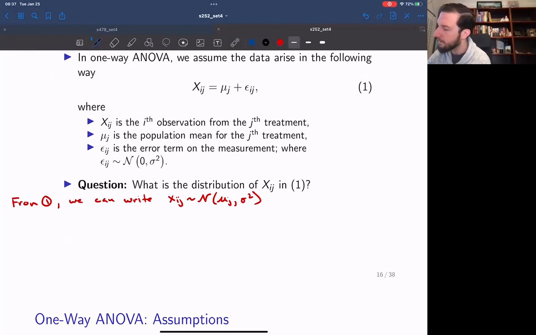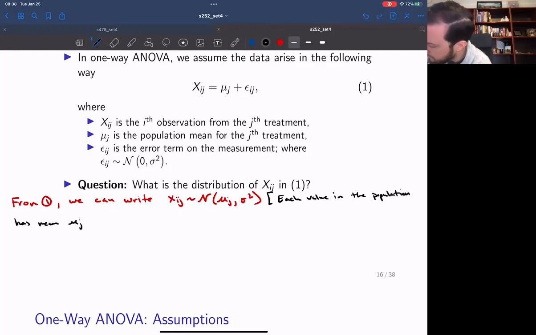Okay, so what this means is each value in the population has mean mu j and is normally distributed, right?